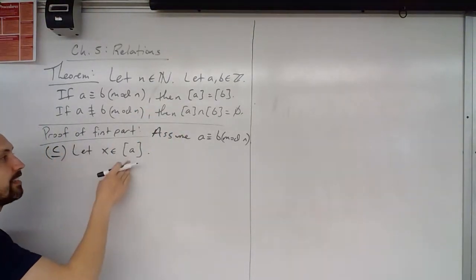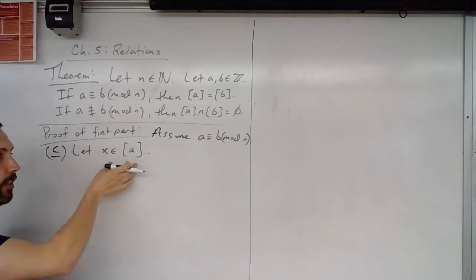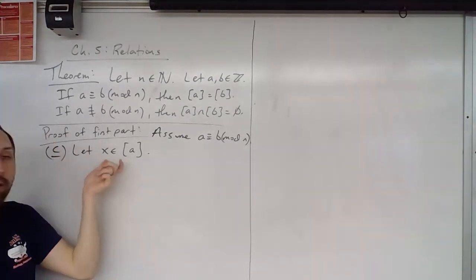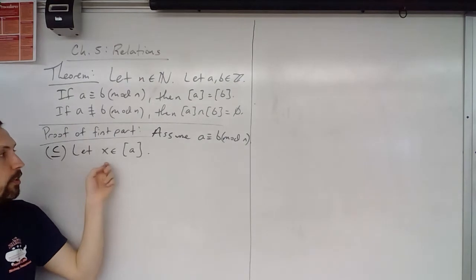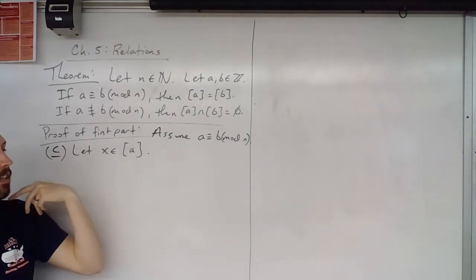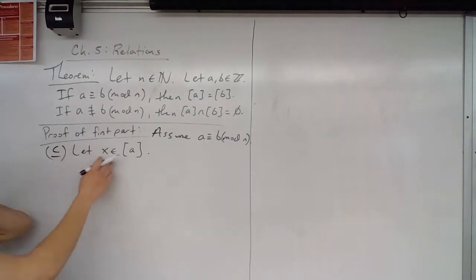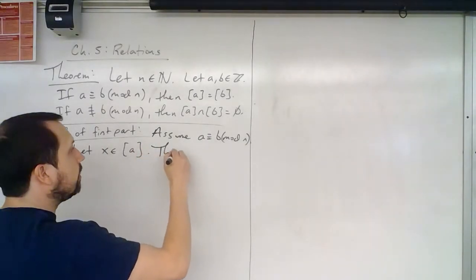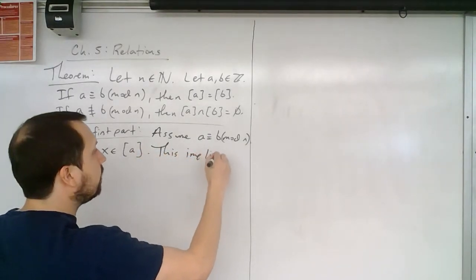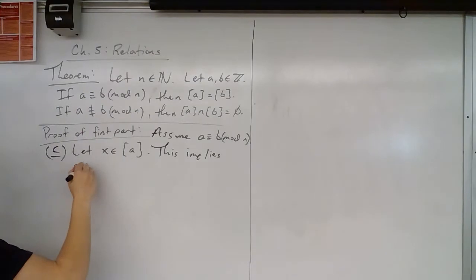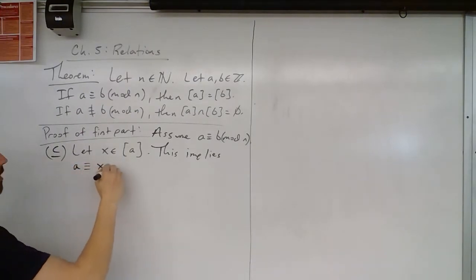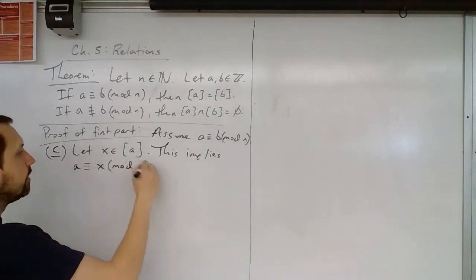Since x is an element of the relation class of a, what does that mean? Well, that means that a is congruent to x mod n.